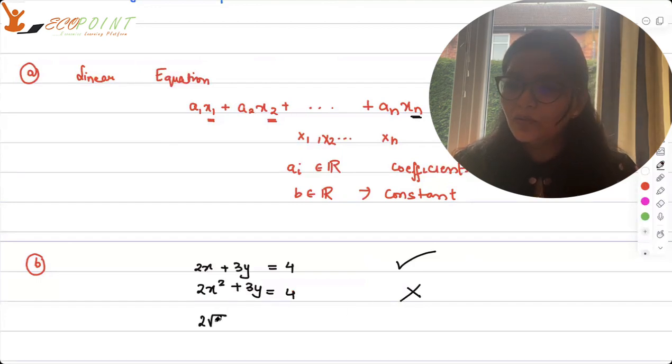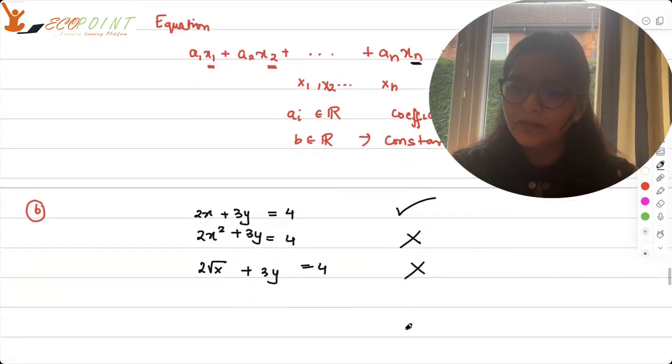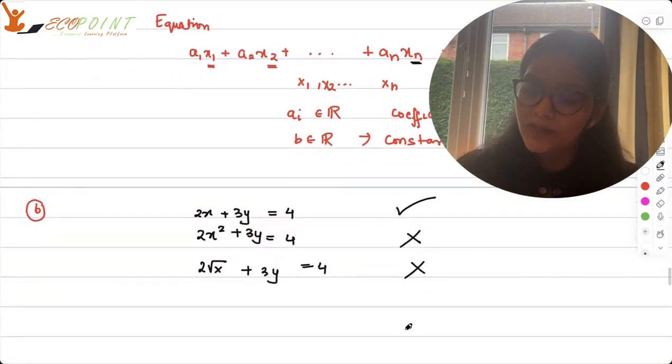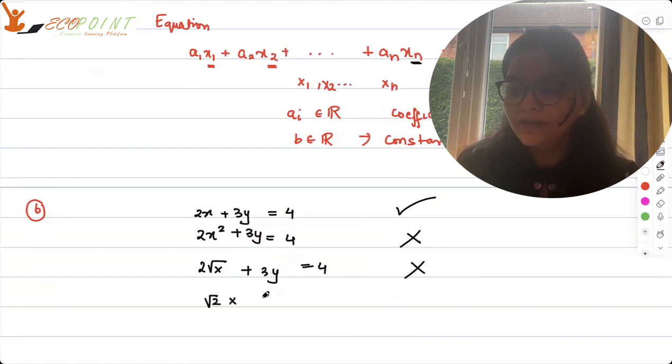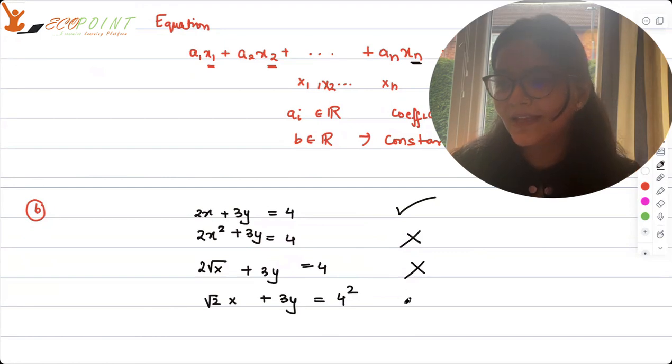If I give you 2 root x plus 3y equals 4, this also is not linear. You have root x, the power is not 1. If I give you root 2 x plus 3y equals 4 squared, is this linear? Well, yes, absolutely, because here the variable power is just 1. So yes, these are linear.